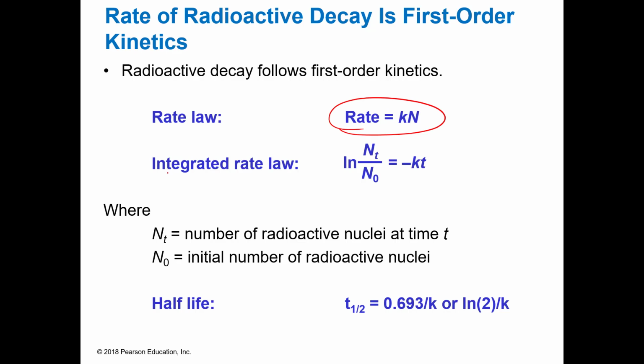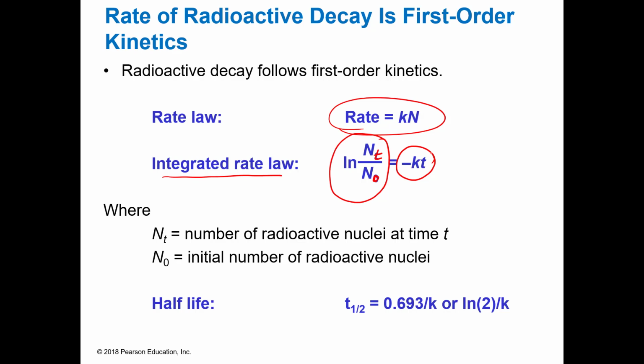When we integrate that law, we come up with the natural log of N, the number at the time you're looking at, divided by N0, the initial number of radioactive nuclei, and that's equal to negative k, a constant, times t, and t is the time, the half-life time, or the time. How long did it take?